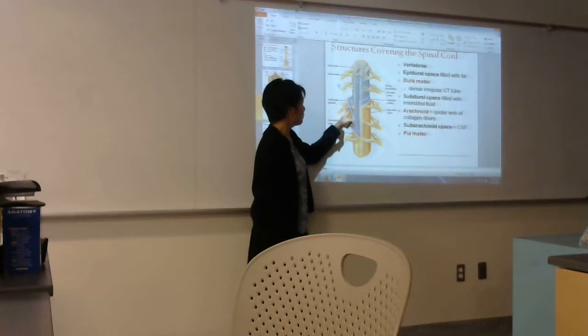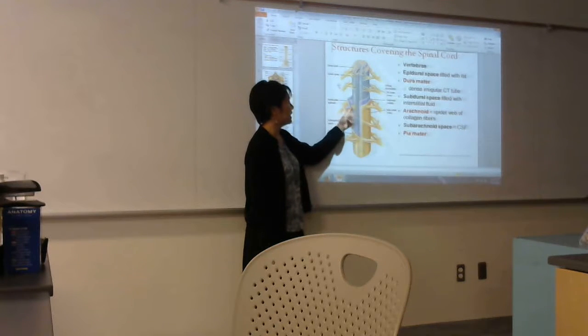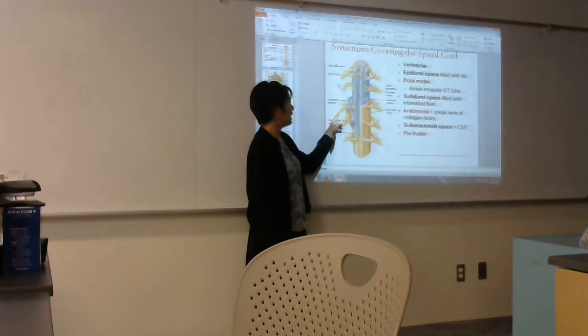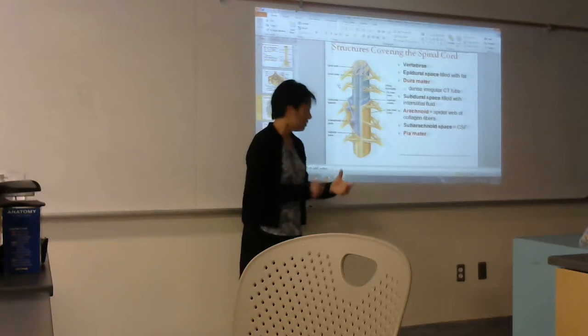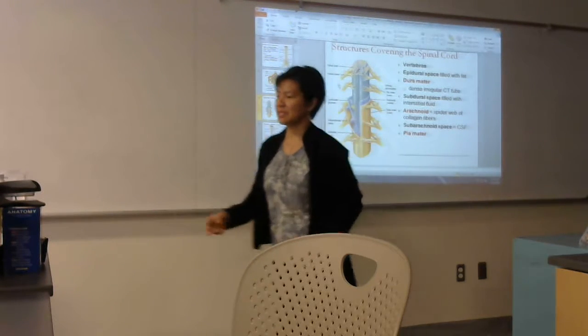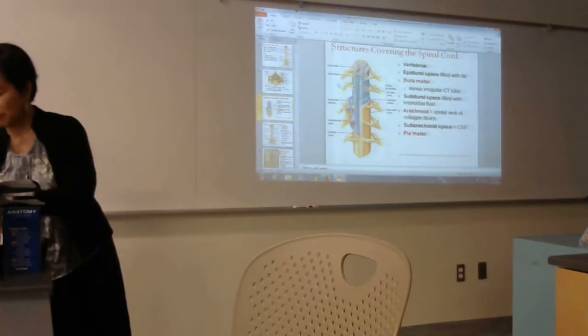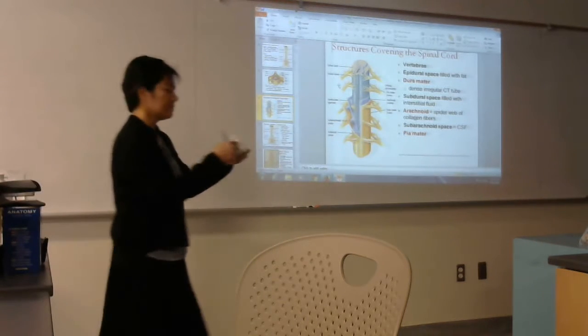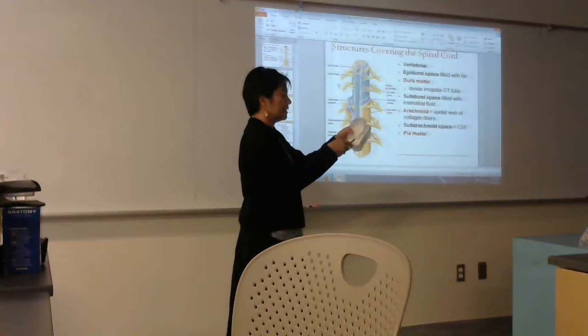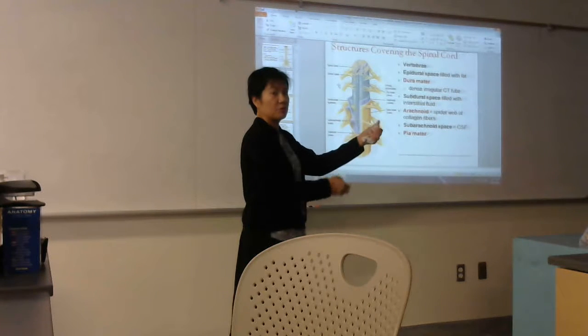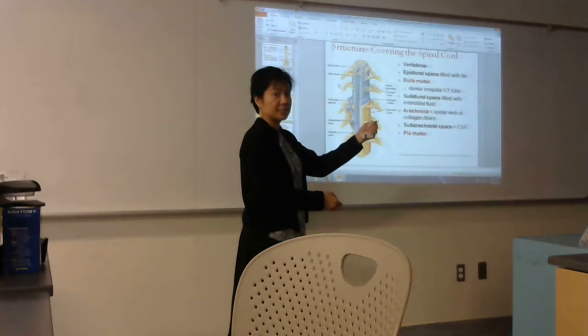The nerve that we are familiar with, you see the yellow structure, right? So this yellow is part of the meninges. In other words, as the nerve leaves your spinal cord, it becomes covered with a layer of the meninges, right?